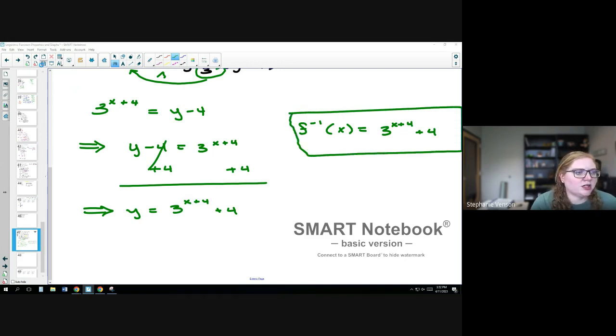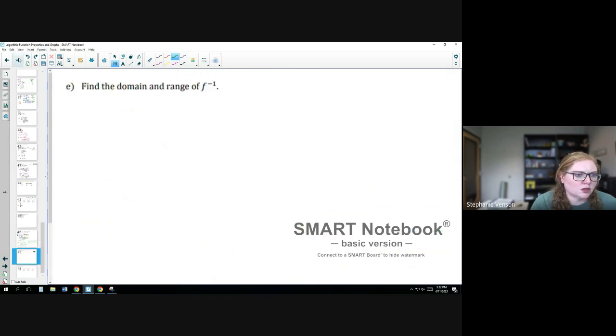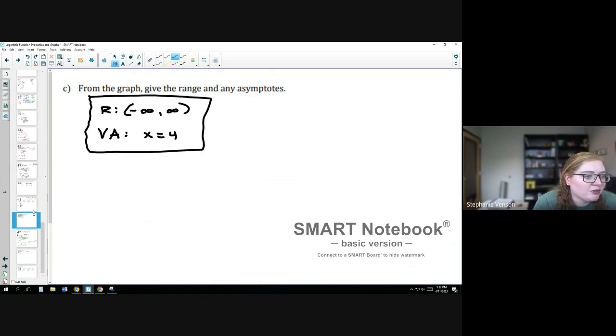Now let's see what they're asking me for in the next part. Okay, find the domain and range of F inverse. That's a trick question. Absolutely not. Because I have already found the domain and range of the original. Go back and look. You found the domain of the original, where was it?